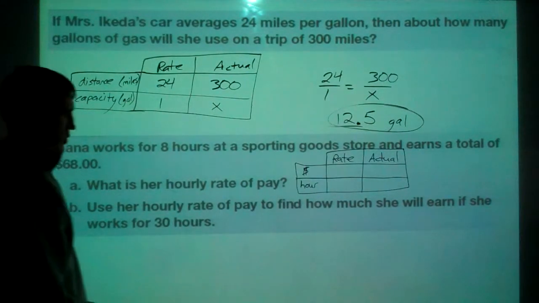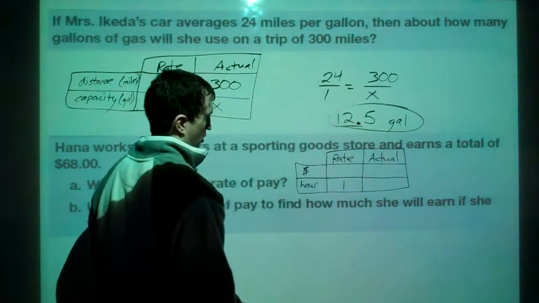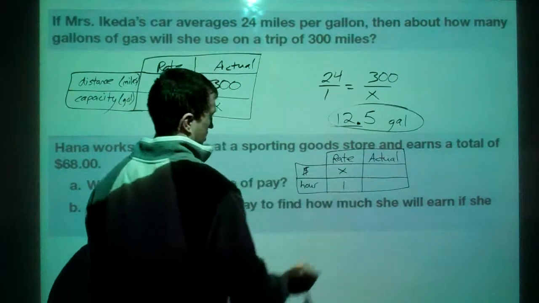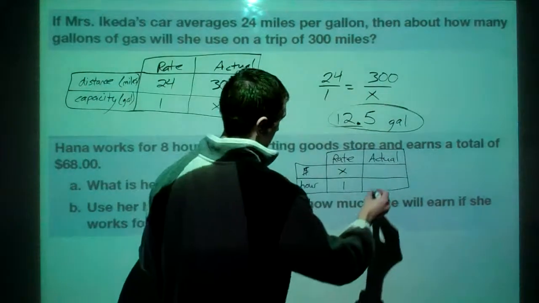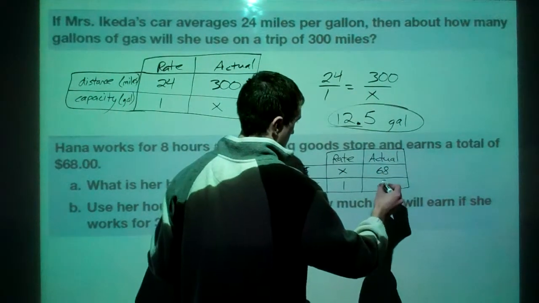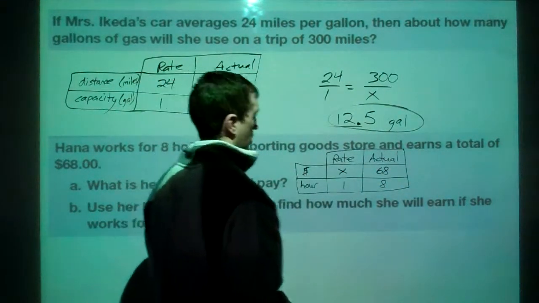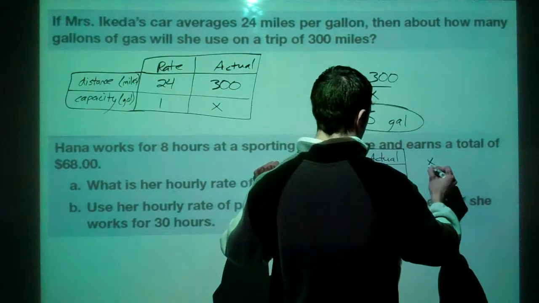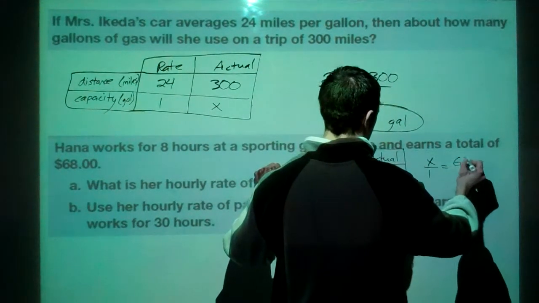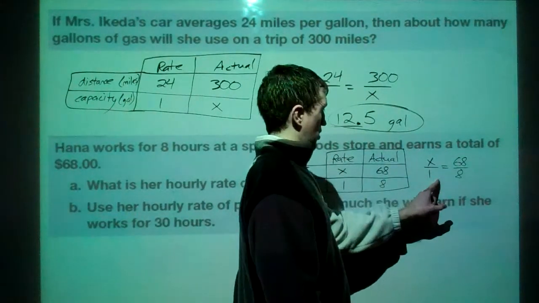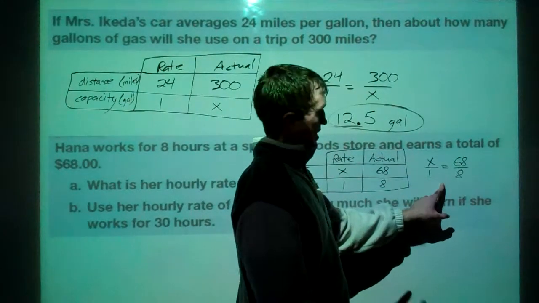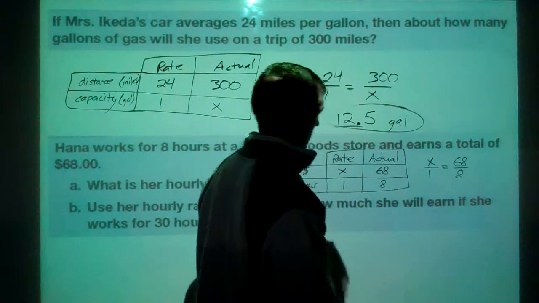So we know that we want for 1 hour, we don't know how much that is, but we do know that for 8 hours of work she earns $68. So 68 for 8 hours. If we look at it this way, we've got x over 1 equals 68 over 8. So cross multiply, 68 times 1, 68 divided by 8 will give us x.